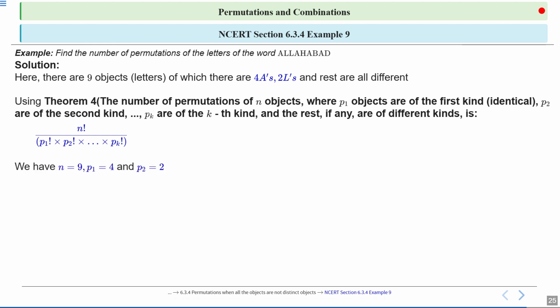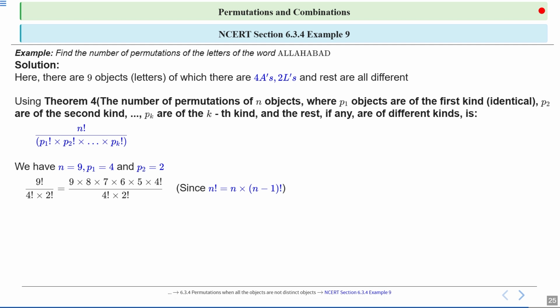So we have n is 9, p1 is 4, and p2 is 2. So now 9 factorial upon 4 factorial into 2 factorial is equal to 9 into 8 into 7 into 6 into 5 into 4 factorial upon 4 factorial into 2 factorial.